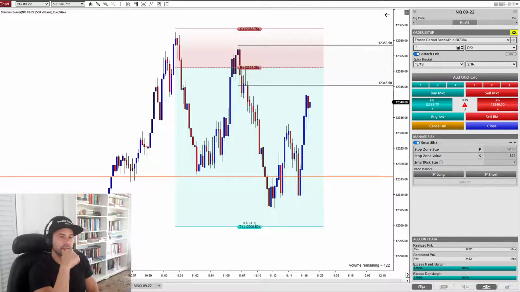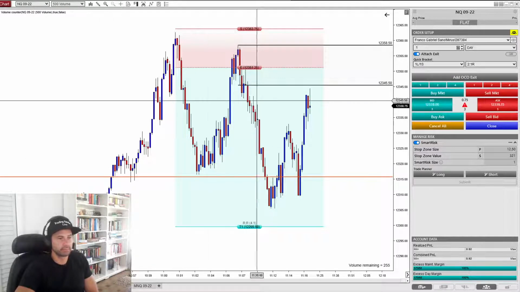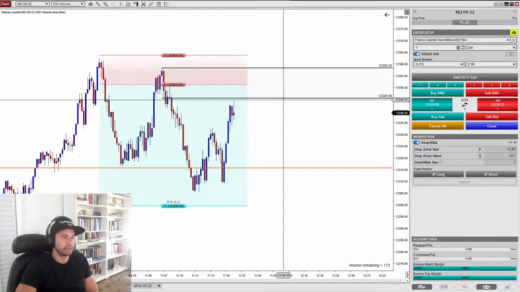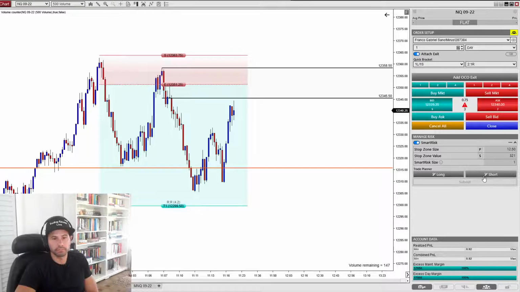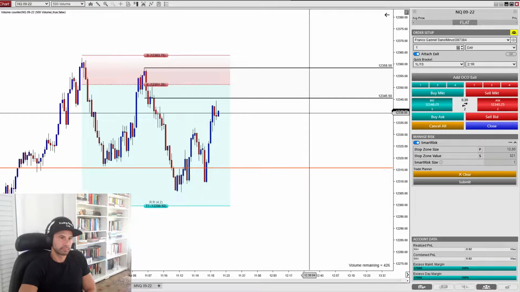If the tick chart does not create a new high, that order is going to be activated. If it creates a new high, then no. There we go. It's a fairly low risk, like $240.